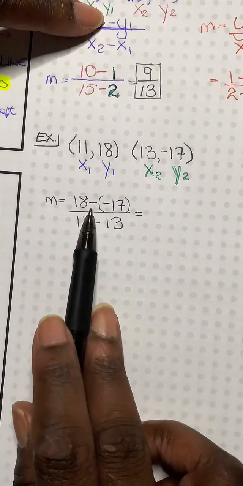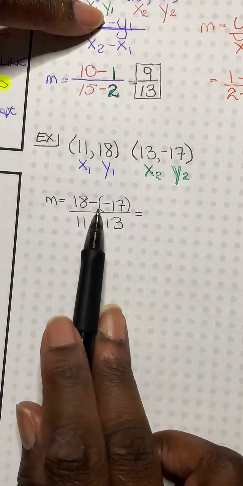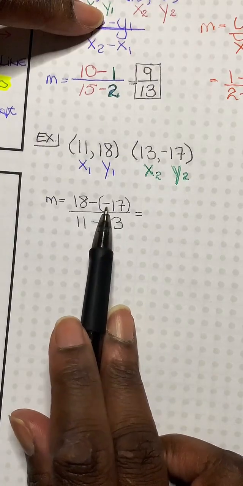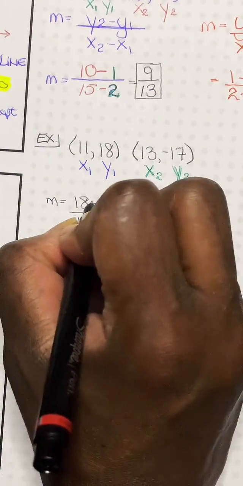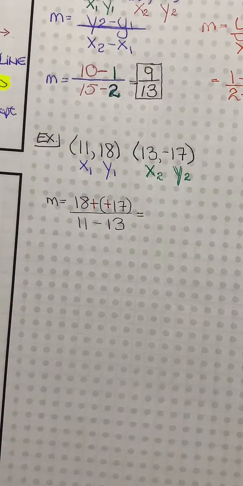Okay, the signs will be negative until we make this transformation here, which is our negative times a negative. So a negative times a negative will make things positive.